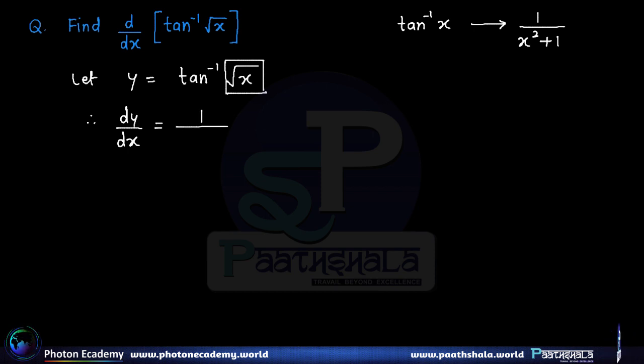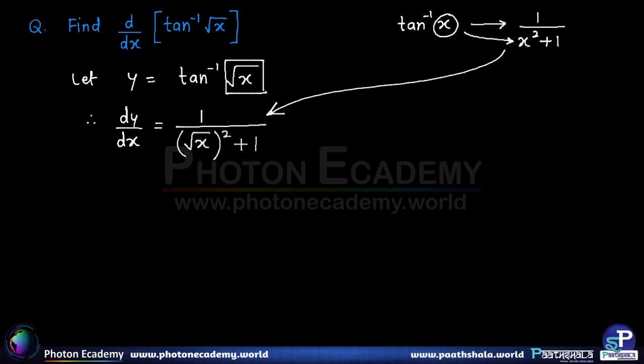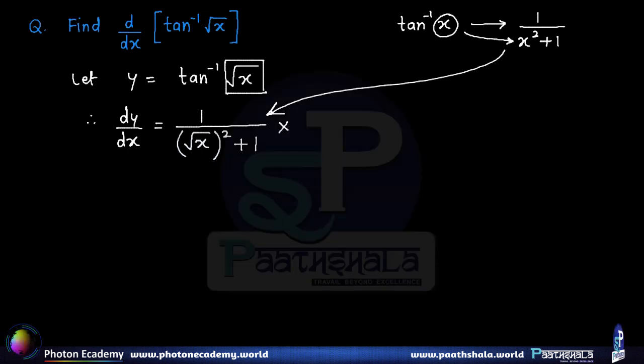So to begin with, let us write the standard formula, that is the derivative of tan inverse of root x is 1 upon root x square plus 1, right? You can relate it with this. Whichever number is here, we'll have to put its square, then plus 1. Now that has to be multiplied with the derivative of root x, which is 1 upon 2 root x, as we know.